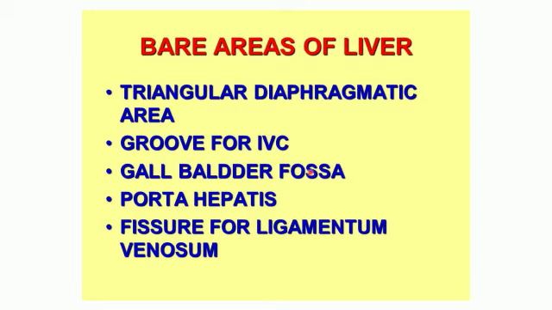And coming to the peritoneal relations, some parts of the liver are not covered by peritoneum, only by the capsule of the liver. They are the bare areas of the liver. There are 5 different bare areas: the triangular diaphragmatic area, the groove for the inferior vena cava, the gallbladder fossa, the porta hepatis, and the fissure for the ligamentum venosum.